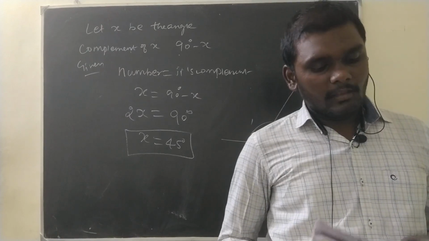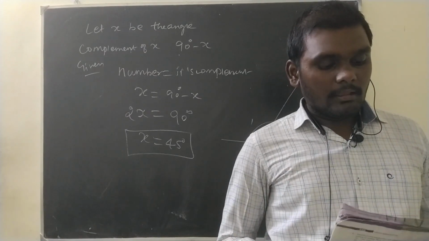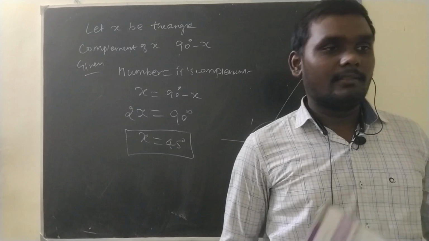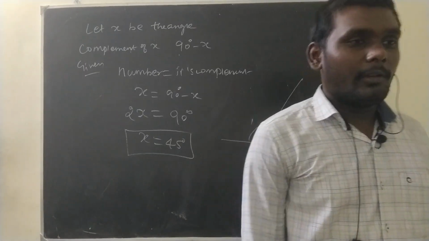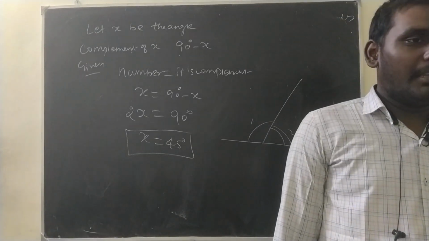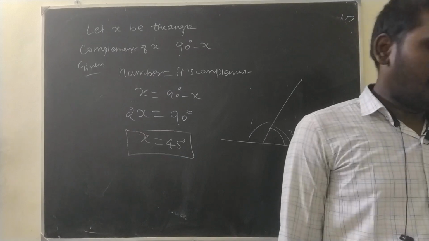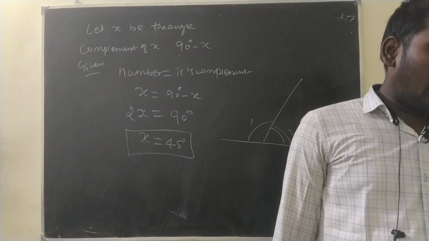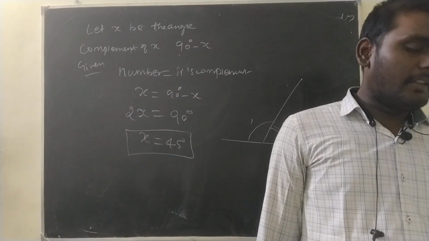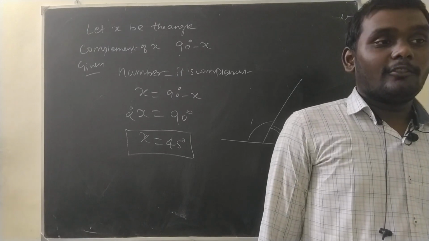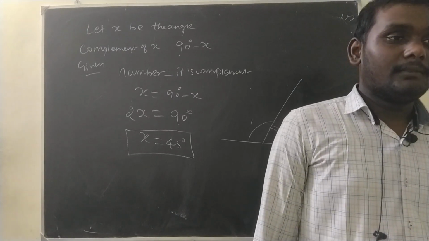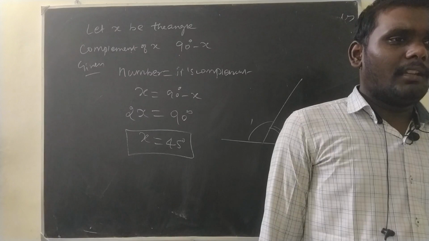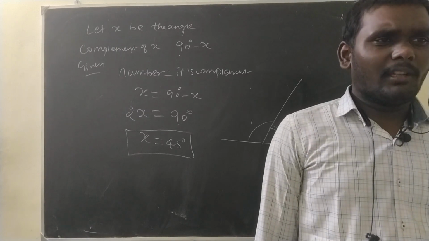Okay, next. In the adjoining figure, name the following pairs of angles. Like that naming I told you, right? How can this be named? So, obtuse vertically opposite angles. That angle should be obtuse as well as vertically opposite. Wait a minute, we haven't seen vertically opposite.